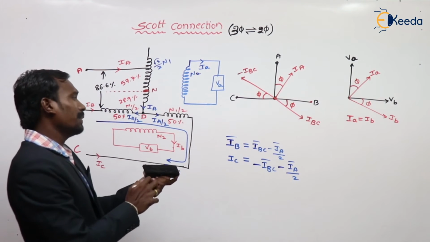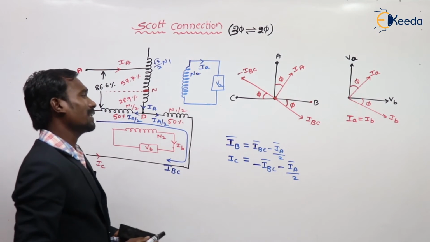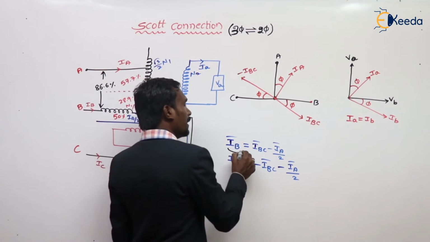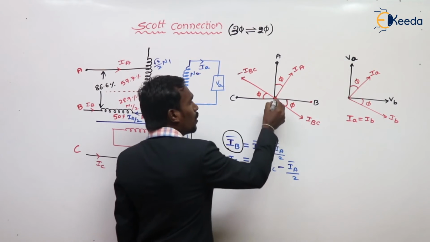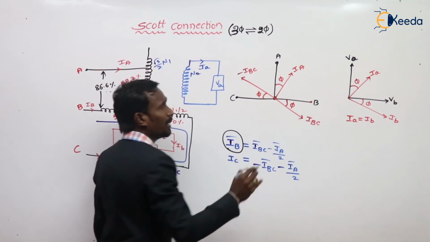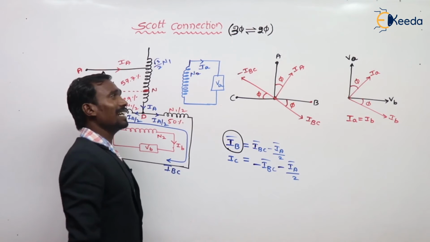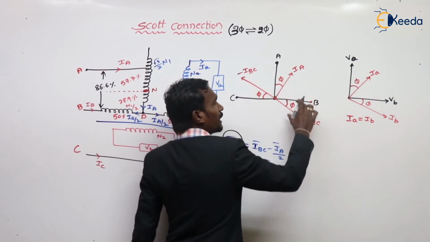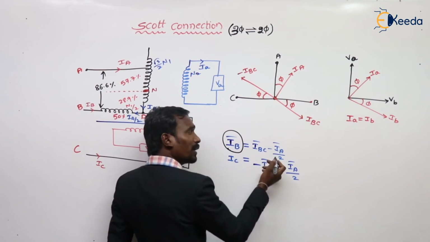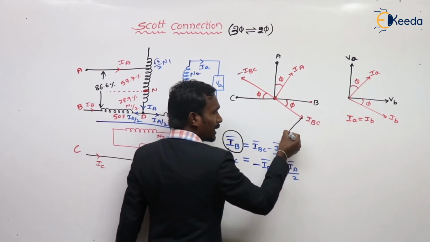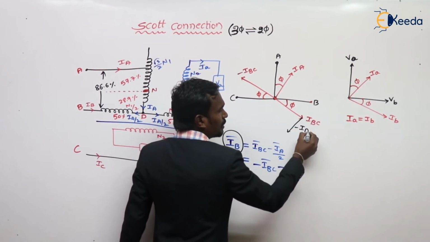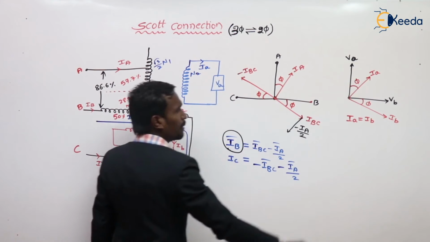Now I want IBC. Tell me how I can calculate IBC. I want to calculate IB. IB is equal to IBC minus IA by 2. How can we calculate minus IA by 2? This is IA, so I have to take the negative direction for minus, but the magnitude is only 50%. This is minus IA by 2.